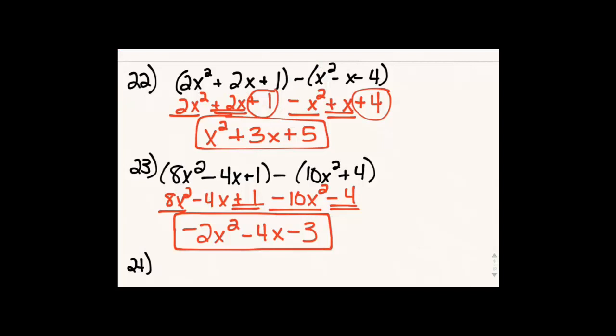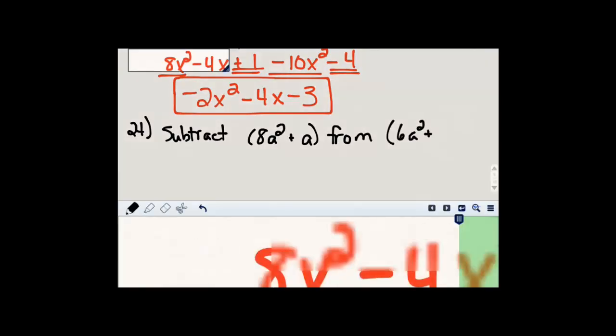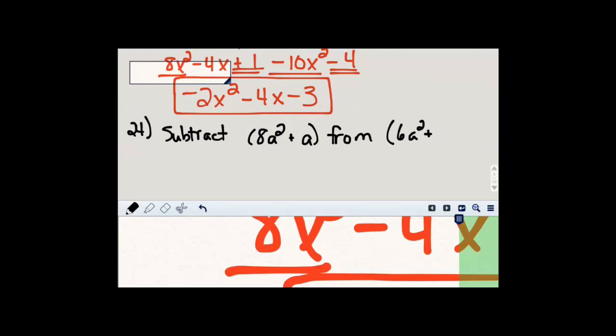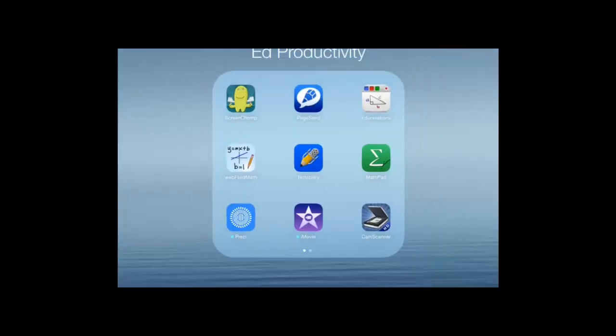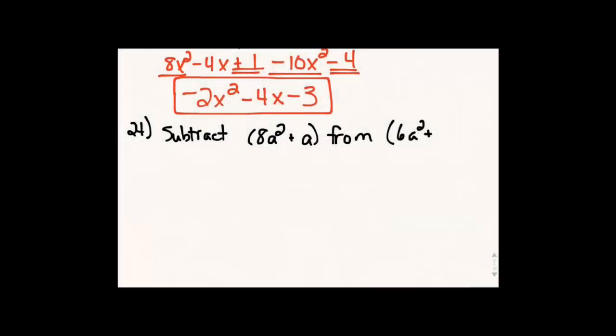Okay, for number 24, it says subtract 8a squared plus a from 6a squared plus 2a plus 1.